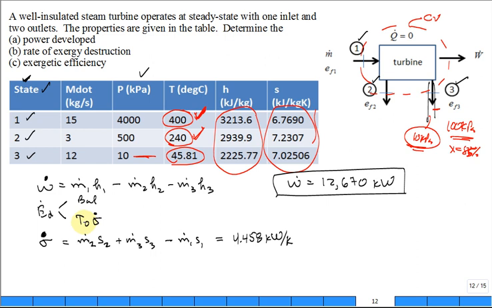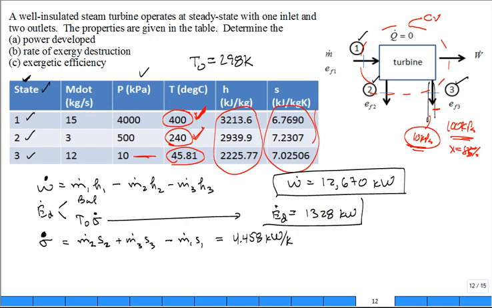They didn't give us a T naught, right? So what do you assume? 25 degrees C, 298 K. And then you can calculate using this equation the exergy destruction rate to be 1328 kilowatts. Okay.